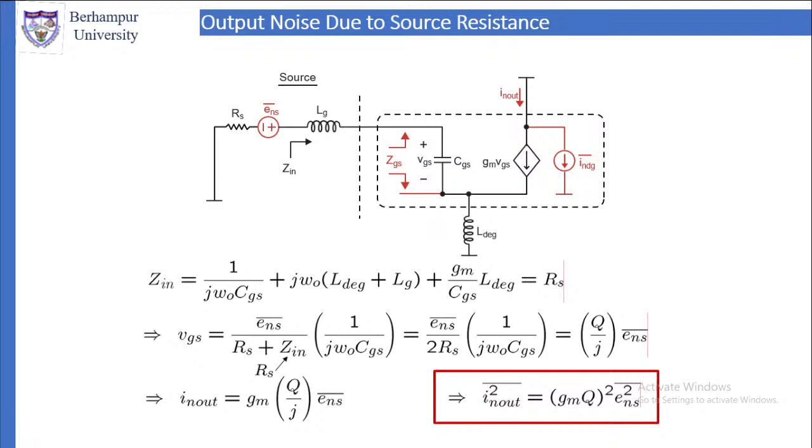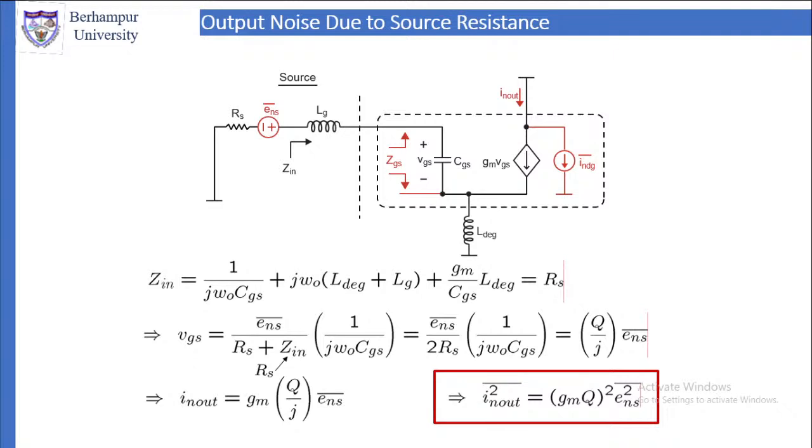L degenerated is the degenerated inductor connected at the source. Now Zin, if you look from this, Zin is equal to 1 by j omega CGS plus j omega into (L degenerated plus LG) plus gm by CGS into L degenerated, that is equal to RS.